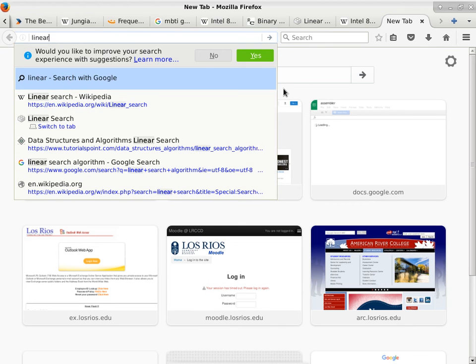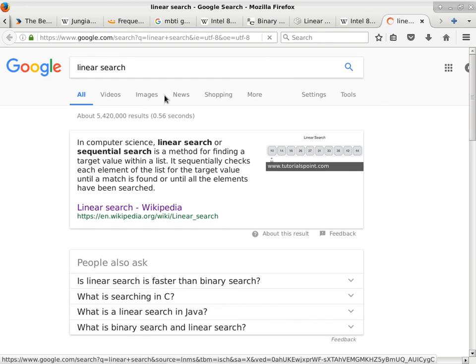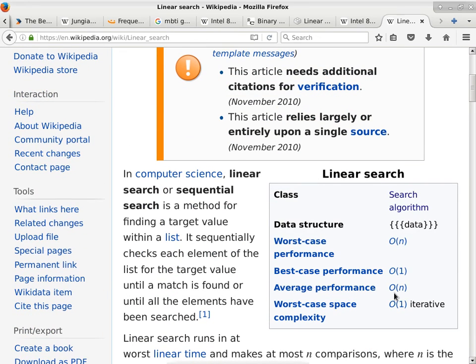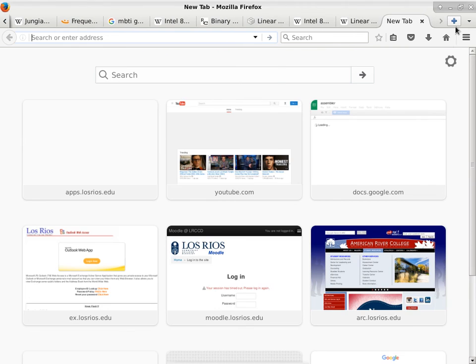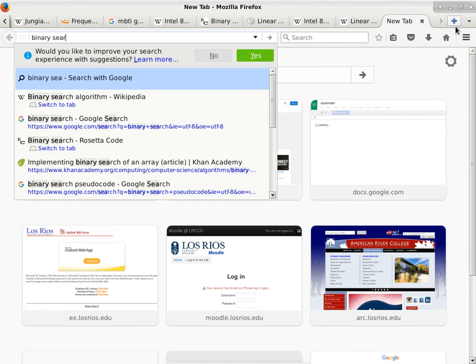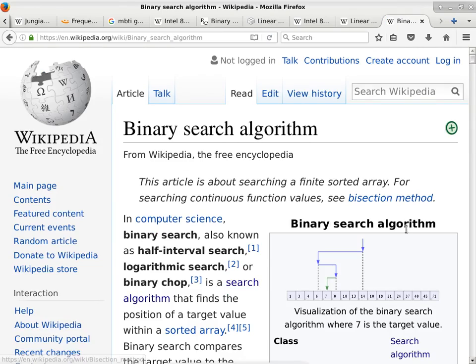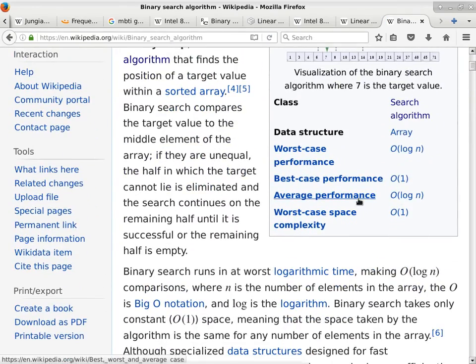Should I use linear search, which has a certain time complexity, with an average performance of big O of n, or should I use binary search, which has a different average performance, which is big O of log n.